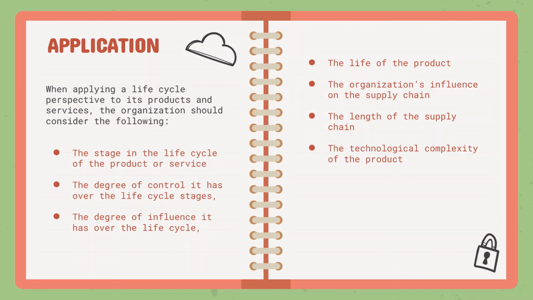And last but not least, the technological complexity of the product. Here, the organization can consider those stages in the life cycle over which it has the greatest control or influence, as this may offer the greatest opportunity to maximize profit, reduce resource use, and minimize pollution or waste.